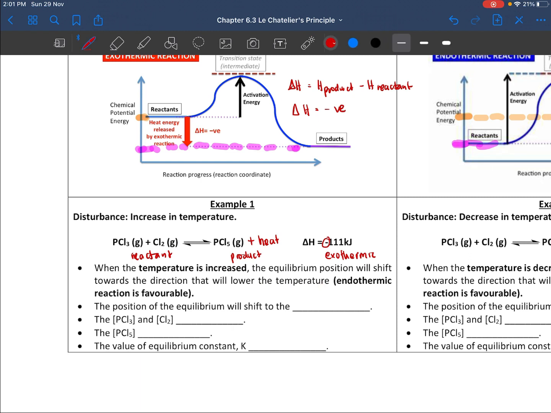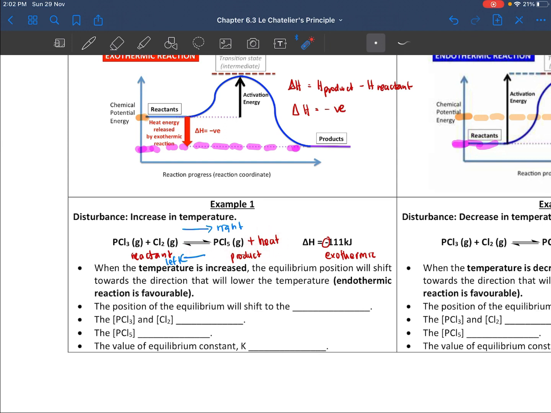Kiri atau kanan? Okay, so shift to the right ke shift to the left? Okay, so simple je. Kita tengok heat tu ada di mana sekarang. So sekarang heat tu ada di sebelah produk. Okay, so kalau kamu shift to the right, that means you are producing more heat. Lagi panas lah. Okay, kita nak decreasekan temperature. That means kita kena shift to the left.